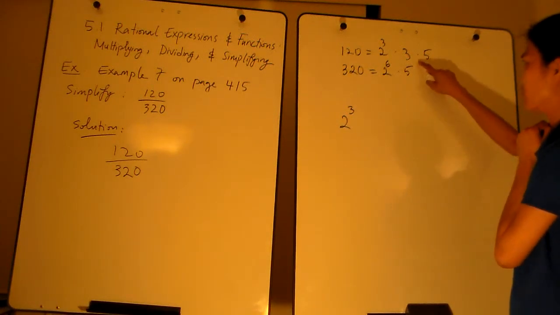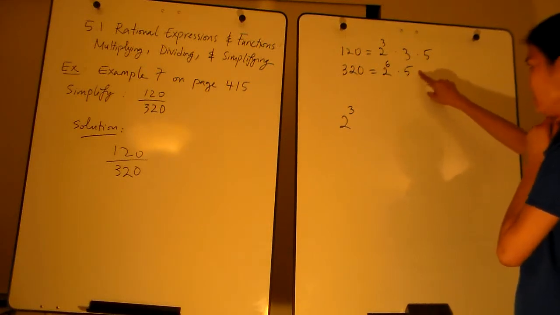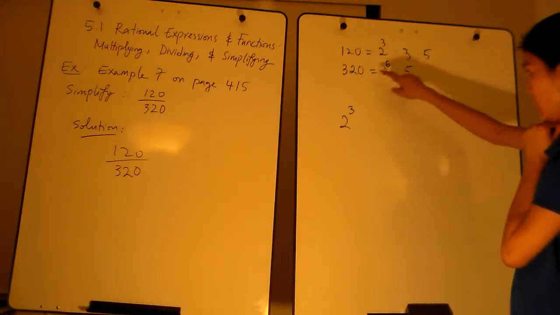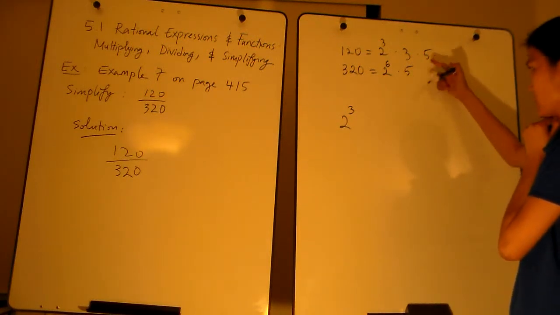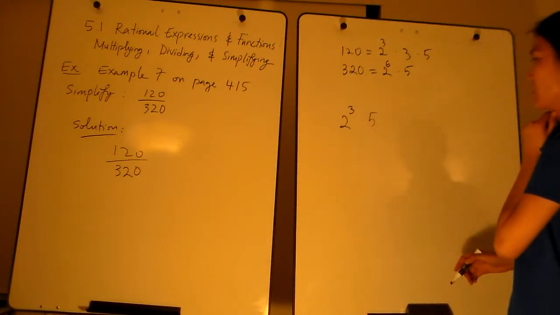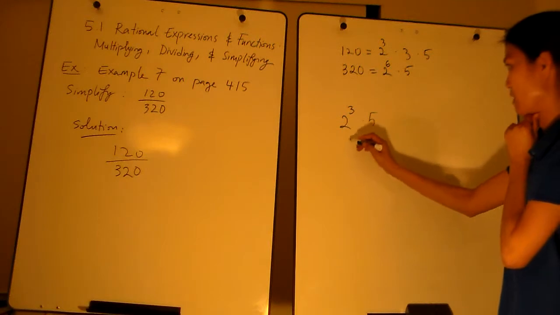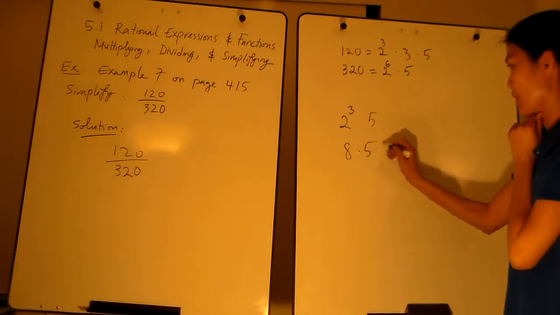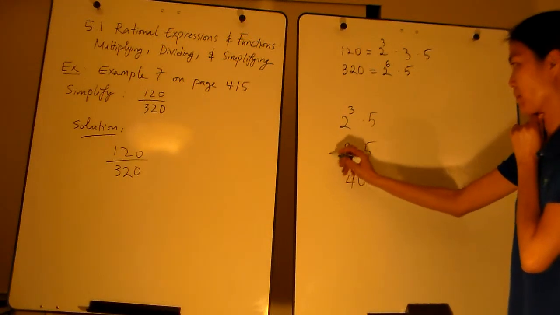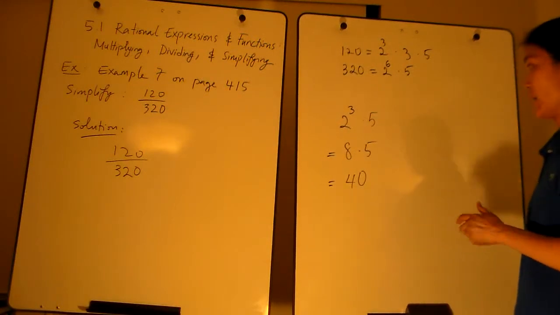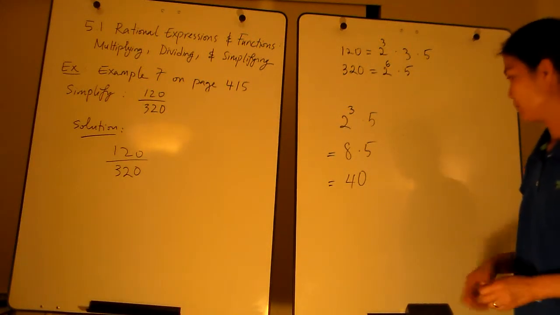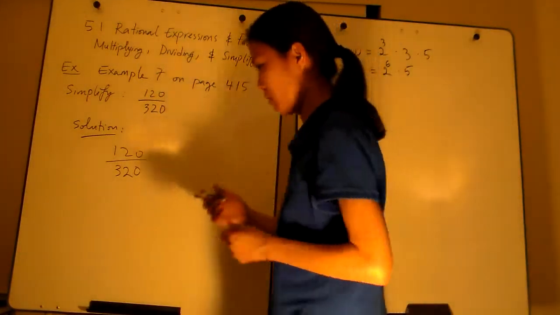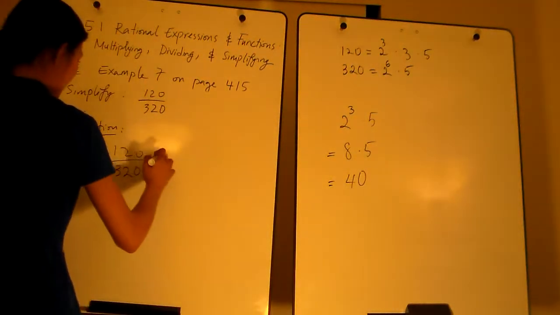Let's see. Can you factor out 3? 3 is not common, so you cannot divide by 3 because there are no 3s in 320. All right, how about 5? Yes, you can also divide by 5. So 8 times 5 is 40. So you can divide 40 into 120 and 320.